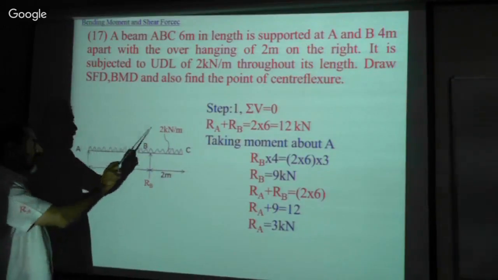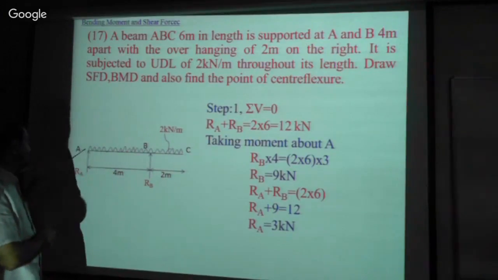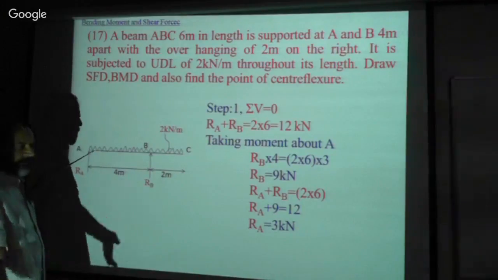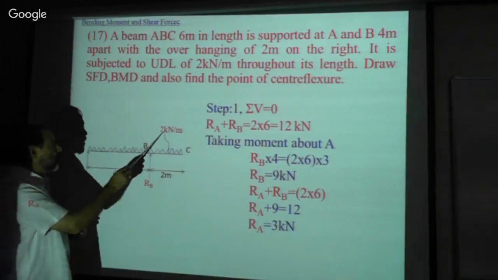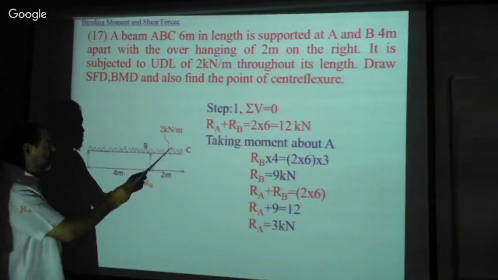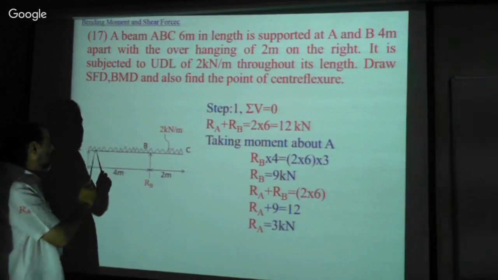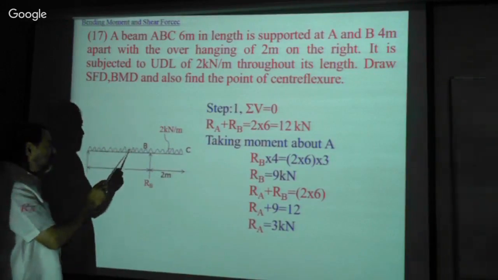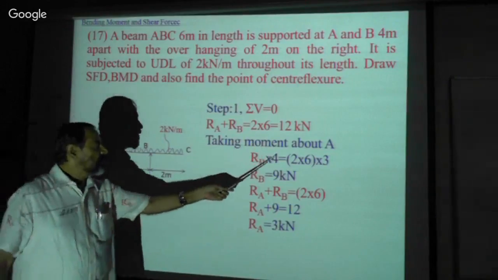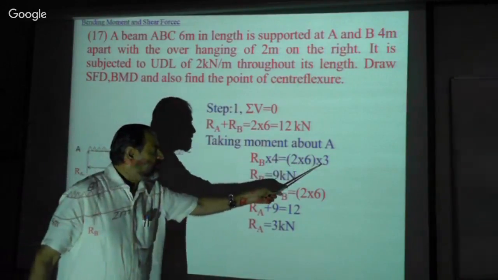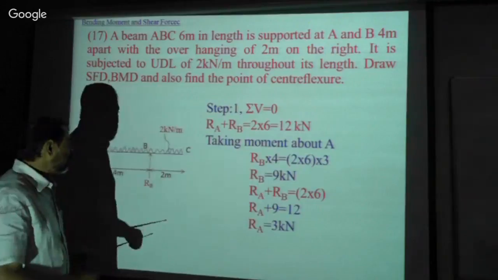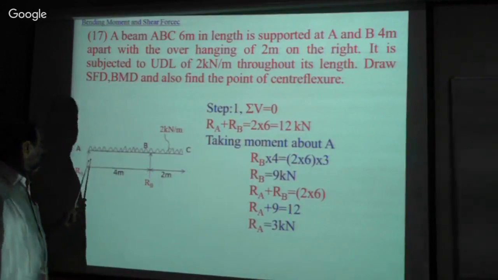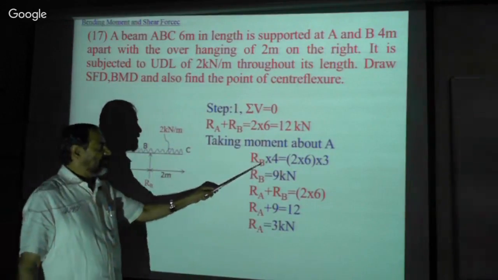Therefore, 2 multiplied by 6, acting at the center, at a distance of 3 meters, is equal to RB into 4 meter.